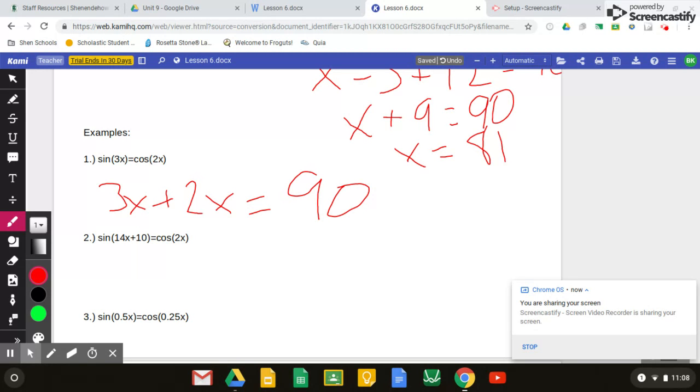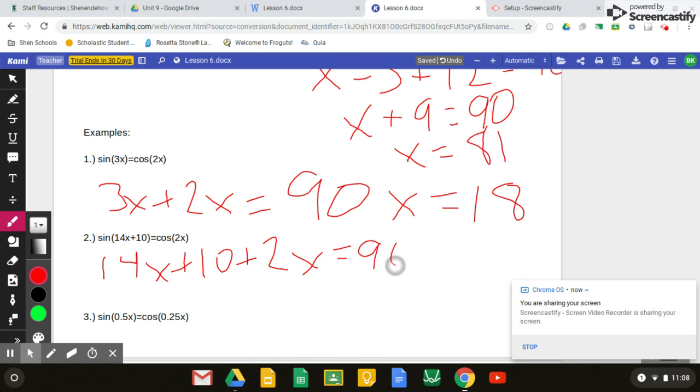I'm going to do 90 divided by 5, and you should get x equals 18 for this problem. All right, so how can this get more difficult? Well, look, they just make it a little longer on our next one. Add all these up. Set it equal to 90, every single one of them. If sine of an angle equals cosine of an angle, there you go. They add up to 90.